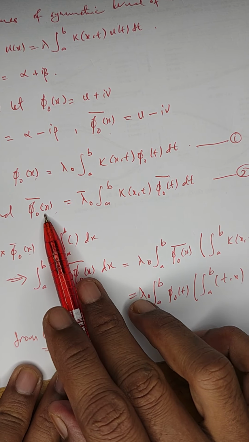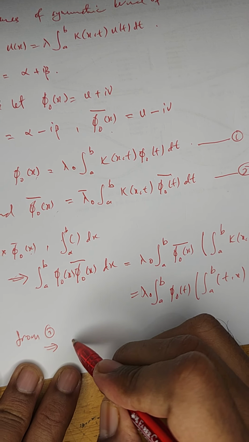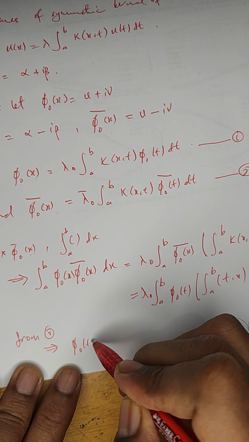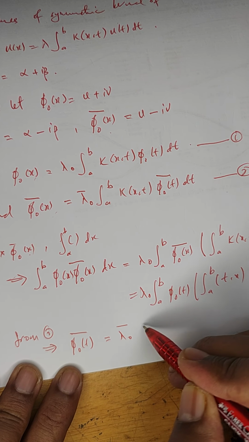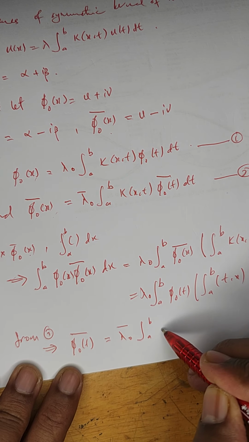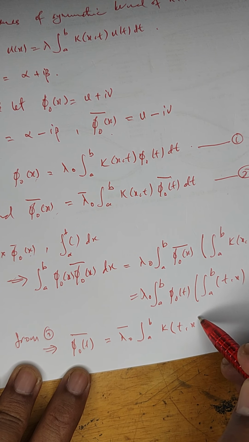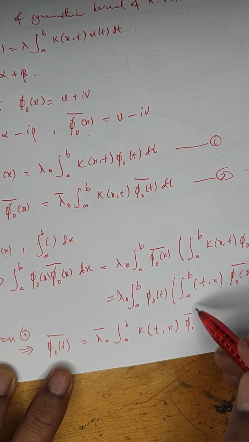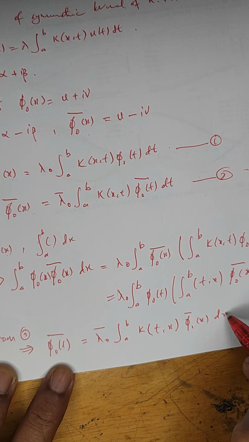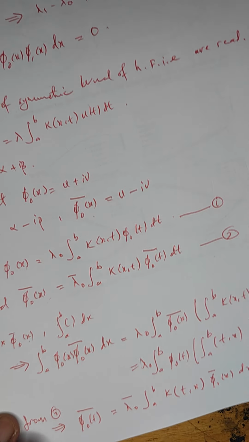So I can write this, just changing the variable there: phi naught t is equal to lambda naught integrate a to b k(t,x) phi naught x dx.